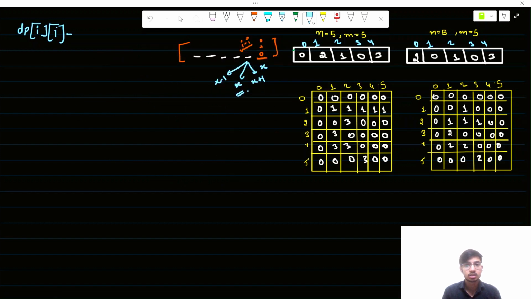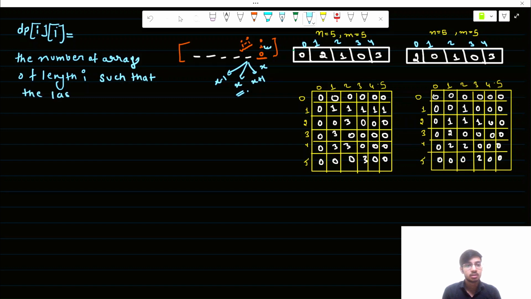It represents the number of arrays of length I such that the last element is j. This is what dp of i, j represents.